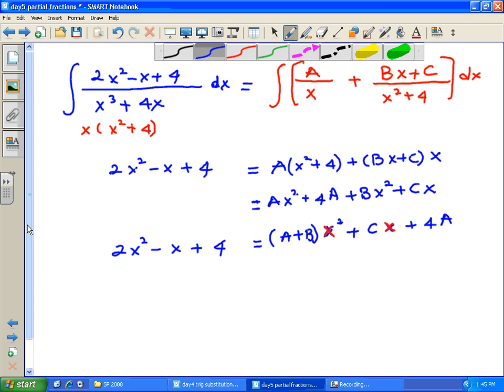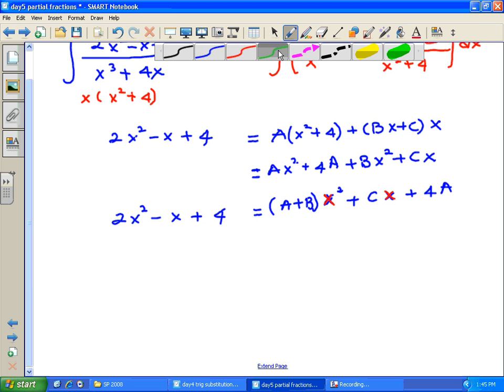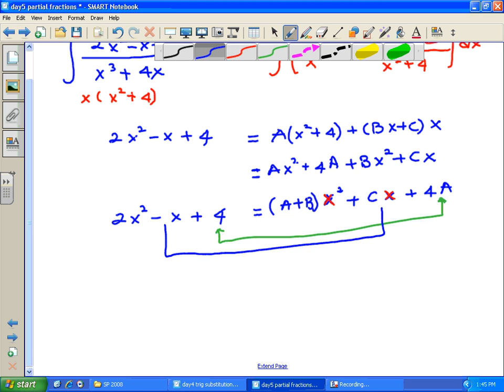So let's do that. First of all, I'm going to do the easy ones first. The constant has to be equal to the constant term here, so 4 must be equal to 4a. That's one equation. Then the -1 must be equal to the coefficient of x here.